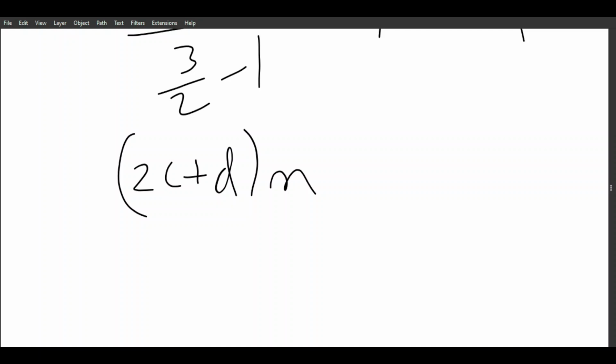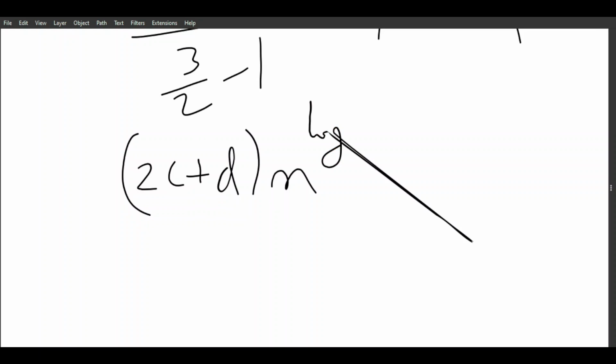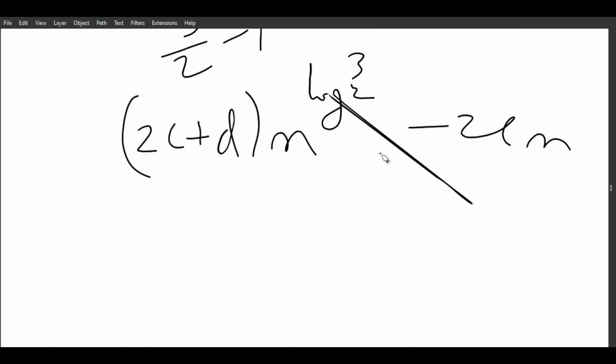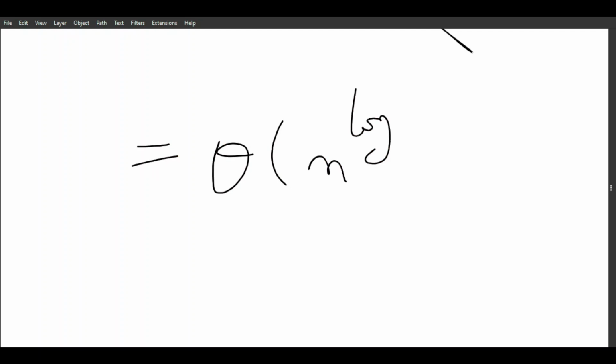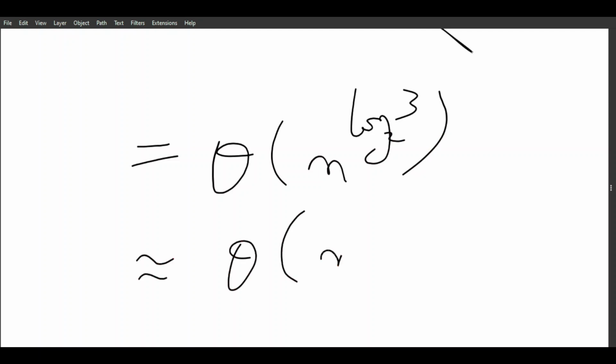So after simplification the power we get is log of 3 with base 2, minus 2cn. So again there is no need to keep the constant, write in asymptotic notation. So we get big theta of n power log of 3 with base 2, approximately equal to n power I have already described. It evaluates to something like 1.585.